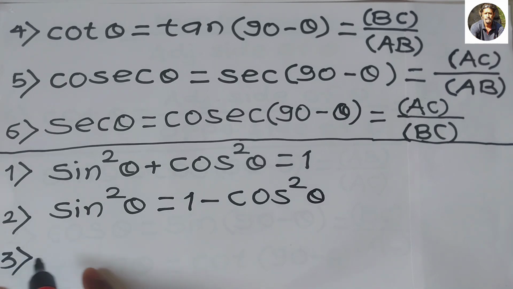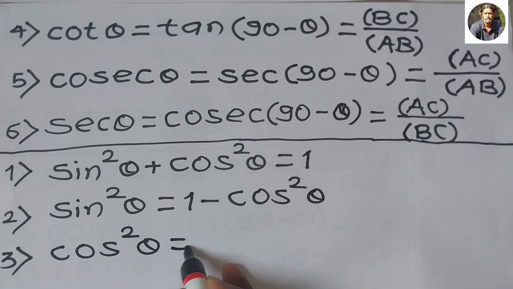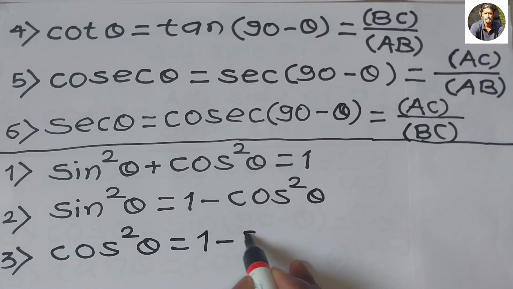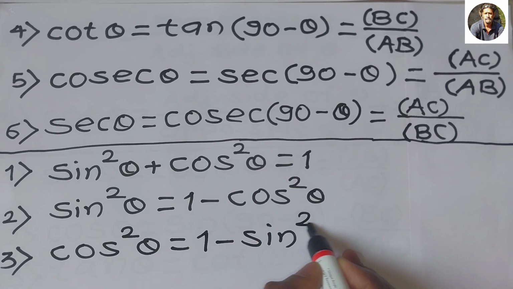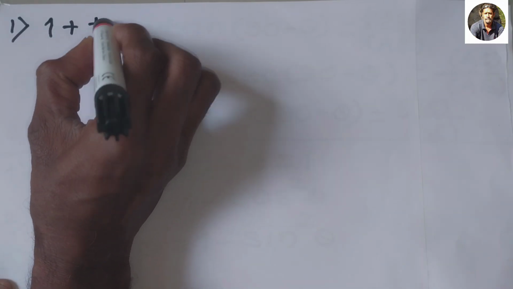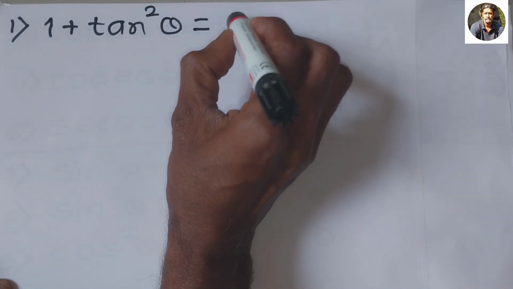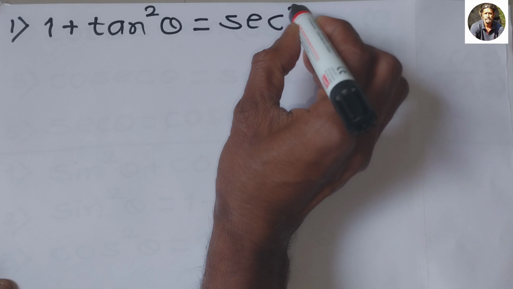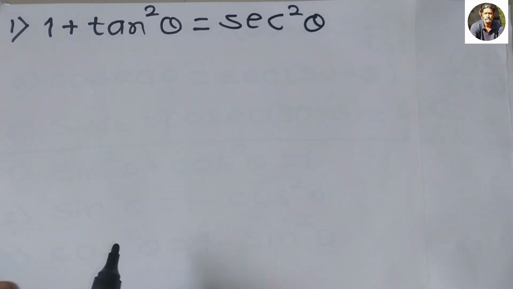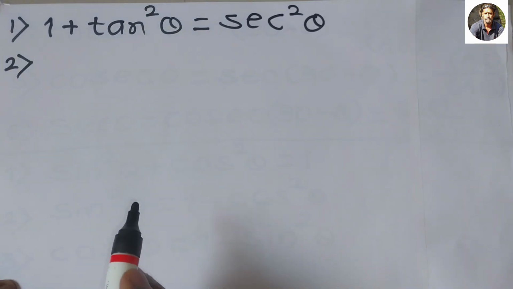Same way, we take sin²θ to the right side, therefore we obtain cos²θ is equal to 1 minus sin²θ. Next, 1 plus tan²θ is equal to sec²θ. Now this also we reduce into another two forms.